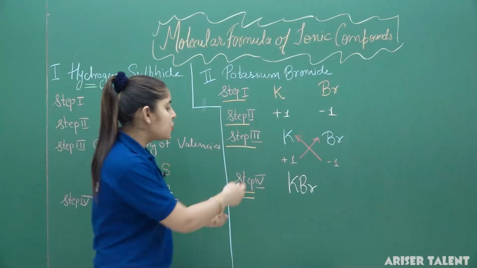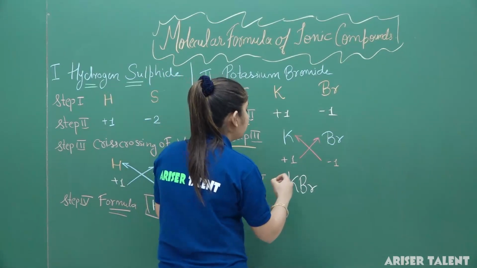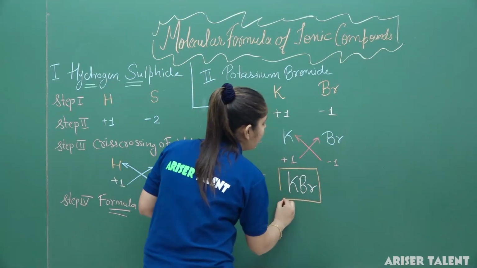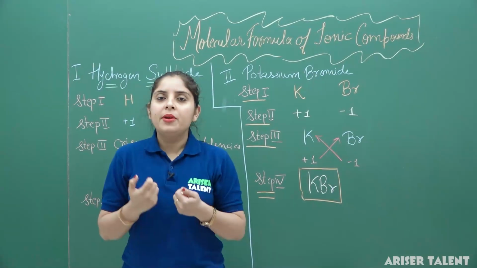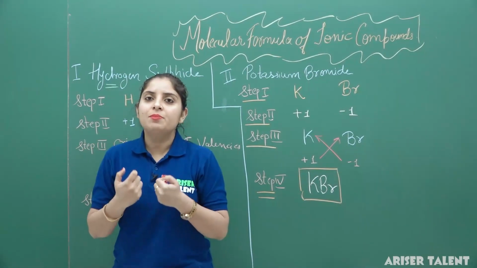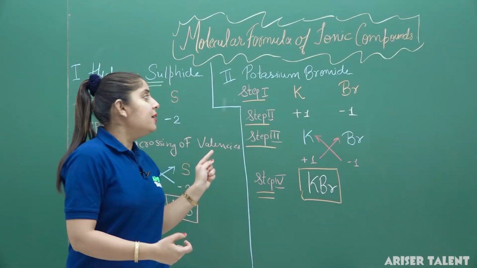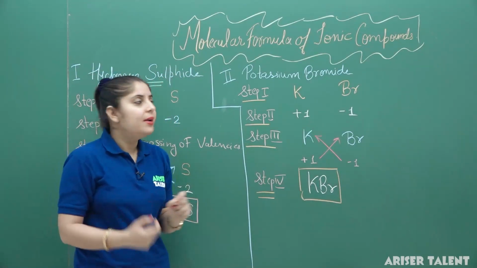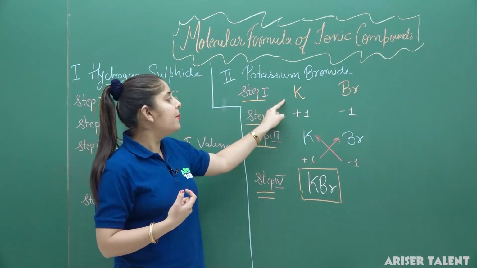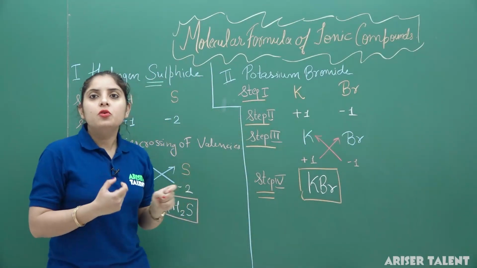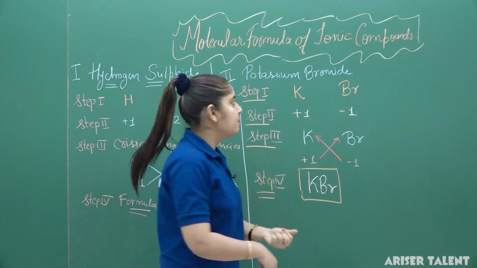So it has been solved and we get the formula KBr, which is the formula for potassium bromide. One thing is important to remember, which I explained in our earlier class: the most electronegative element will be kept on the right side and the least electronegative element will be kept on the left side. So this is a point of consideration here.